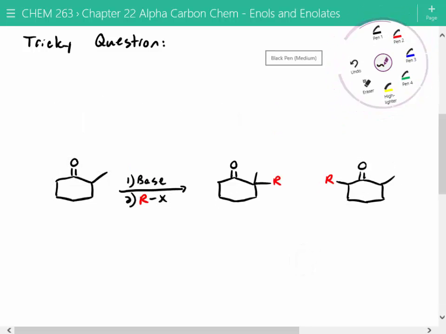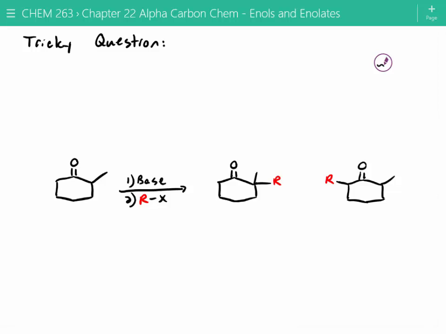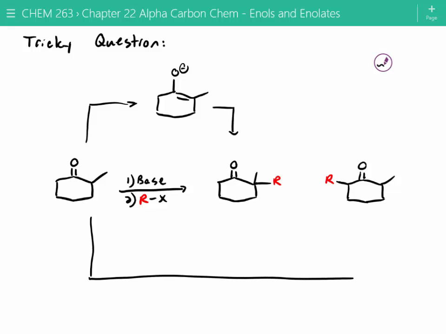If you think about the intermediate for these, the top one goes through the more stable intermediate, right? The bottom one goes through an enolate that's less substituted.